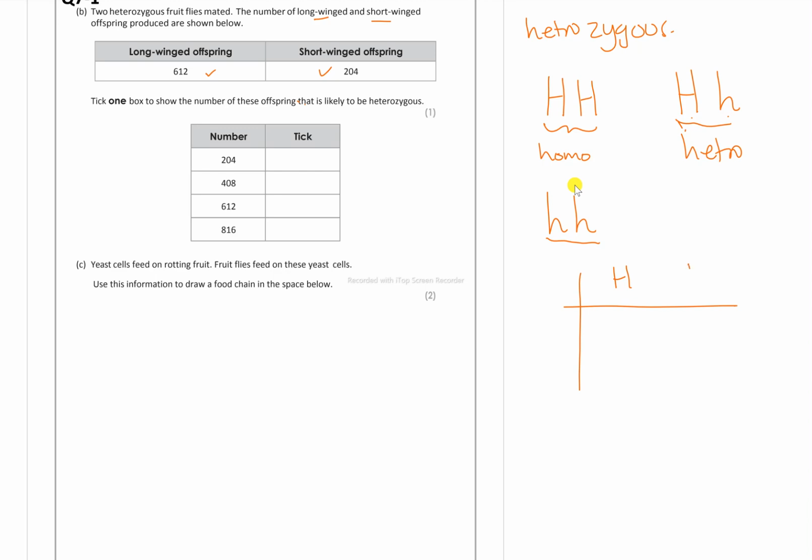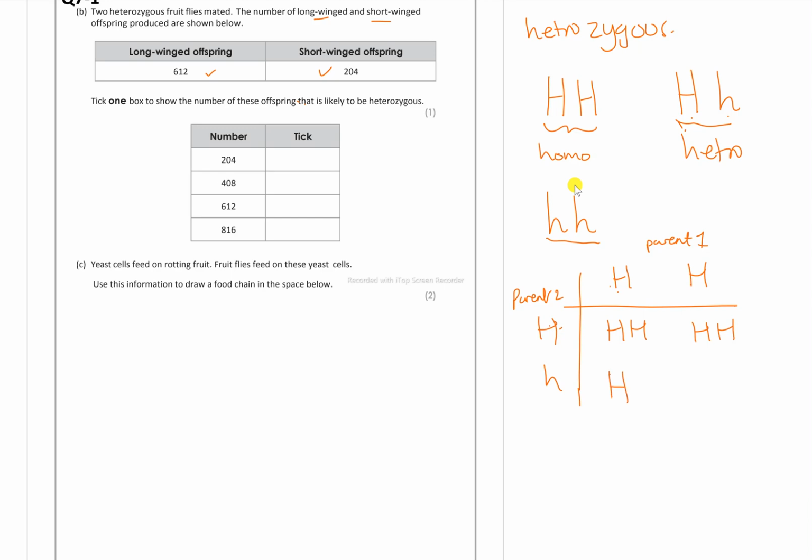Long-winged, H and H. You can tell, look, these 2, so this is one parent and this is another parent, parent 2. So H and H produce HH, capital H, capital H.